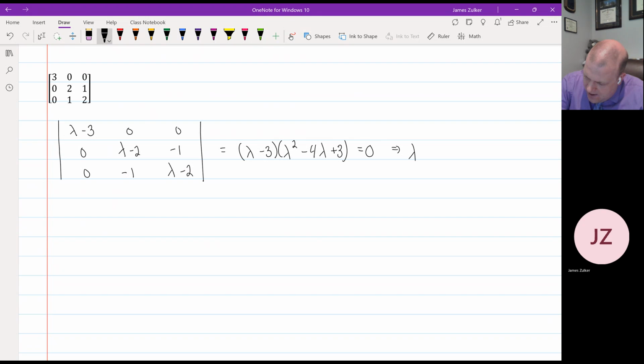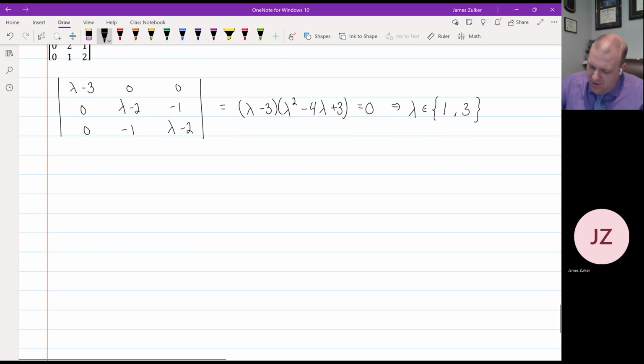Set that equal to 0, we get eigenvalues 1 and 3. Once again, 2 eigenvalues for 3 by 3. So we better get one of the eigenspaces to be dimension 2.